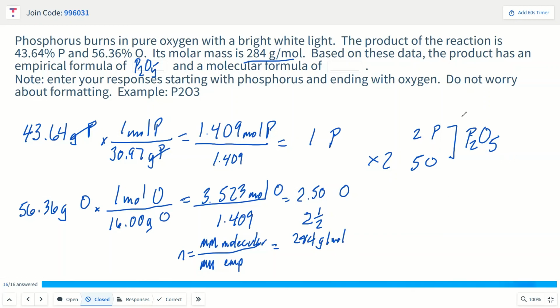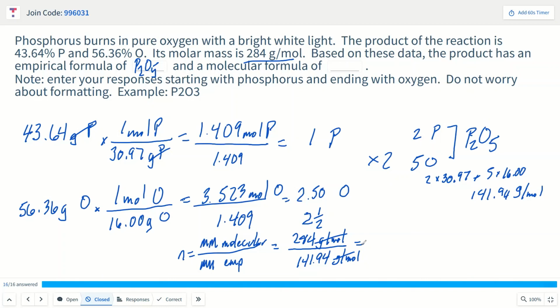What is the molar mass for P2O5? Well, I need to take 2 phosphoruses plus 5 oxygens. 2 times 30.97 plus 5 times 16, I get 141.94 grams per mole. So that's what I'm going to put here, 141.94 grams per mole.